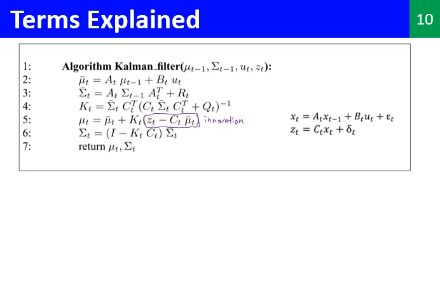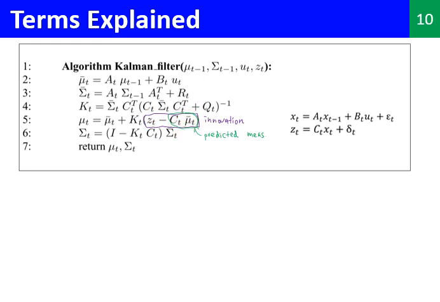That is, we take the intermediate result mu t bar and use the measurement model to create, or predict, a measurement. So in the innovation, we compare the actual measurement that we obtain and a predicted measurement.